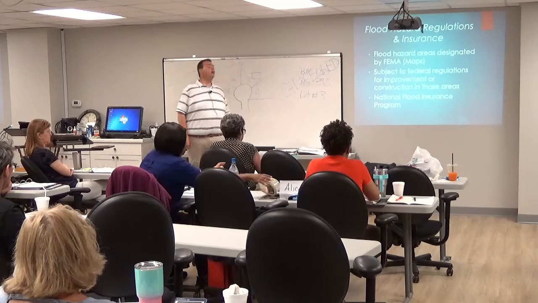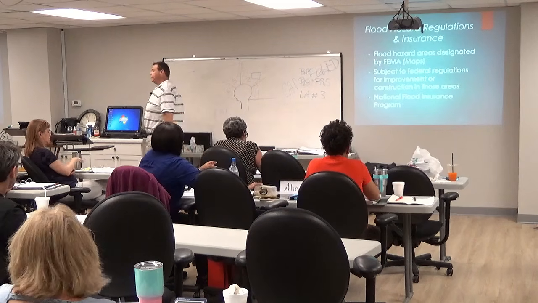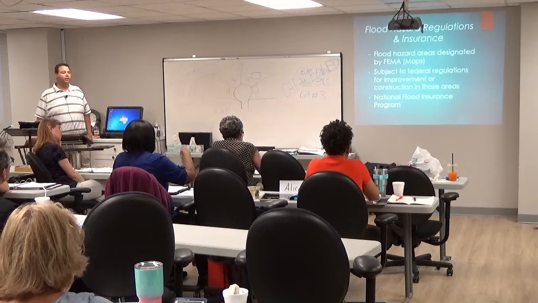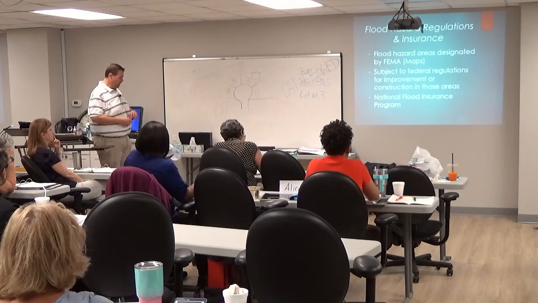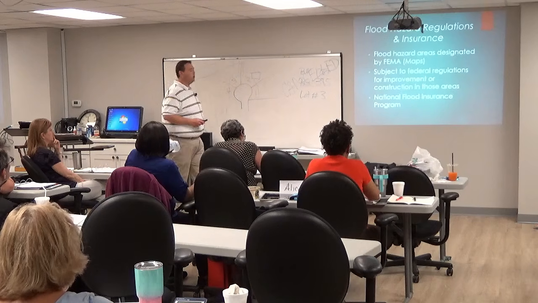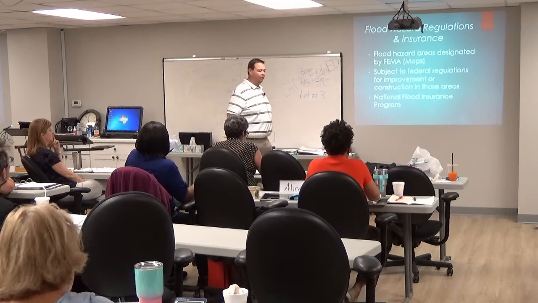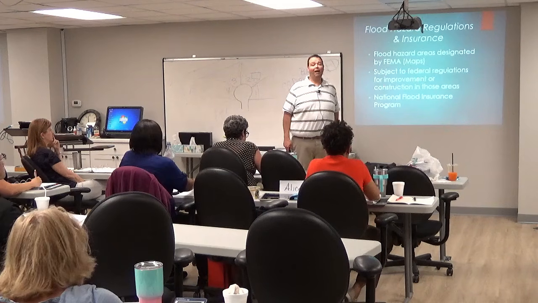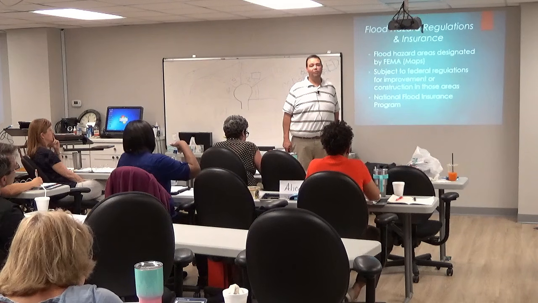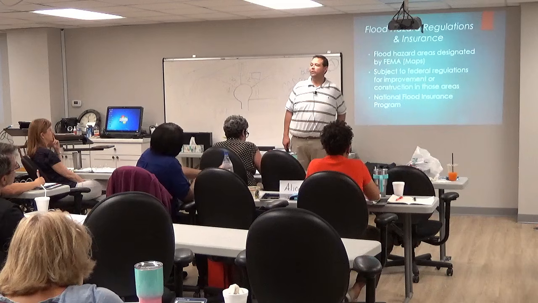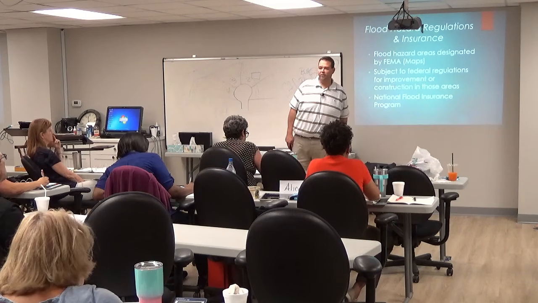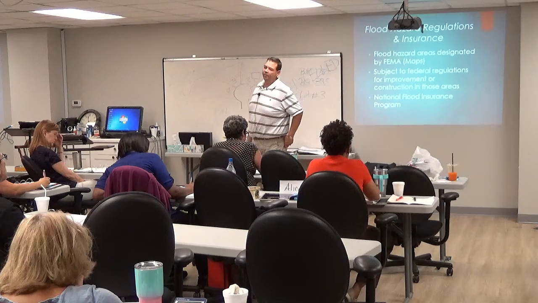Good. Flood hazard restrictions. Basically, the federal government maintains a set of flood maps, and that will determine whether or not your property is located in a flood hazard area. If it is, you're probably going to have to maintain flood insurance, because no lender is going to give you a loan on a property located in a flood hazard area unless you maintain flood insurance.